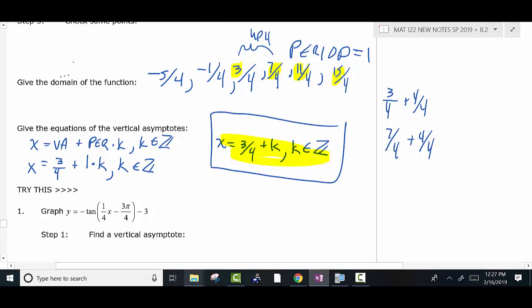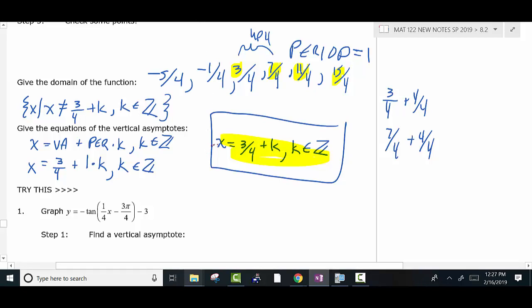The domain would just be the set of x, where x is everything except where there's an asymptote. So you'd say x is not equal to 3/4 plus k, where k is an integer. You don't have a pi in there because of the way the increment worked out. So that's how that would go.